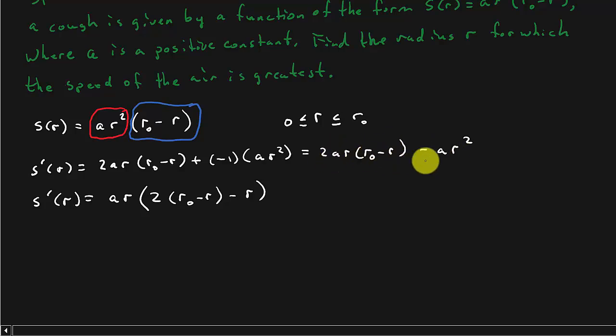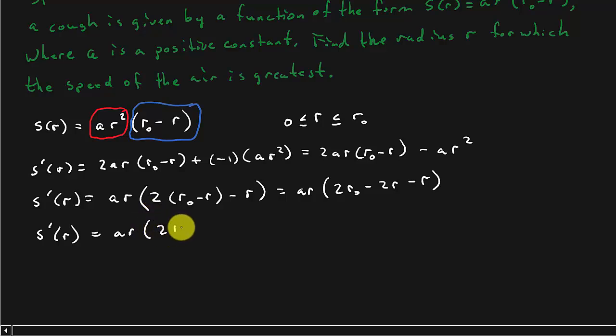And when I pull an ar out of this, I'm left with just the r. And so this is going to be ar times 2r0 minus 2r minus r. So s prime of r is equal to ar times 2r0 minus 3r.